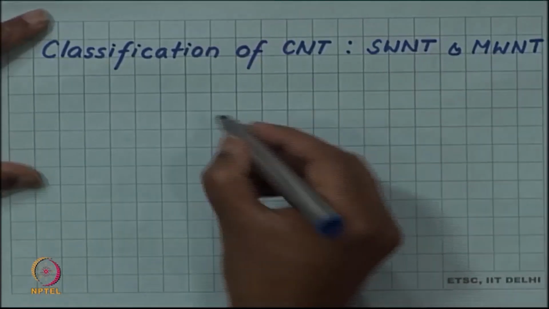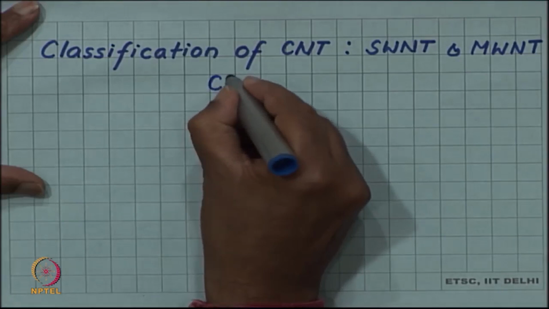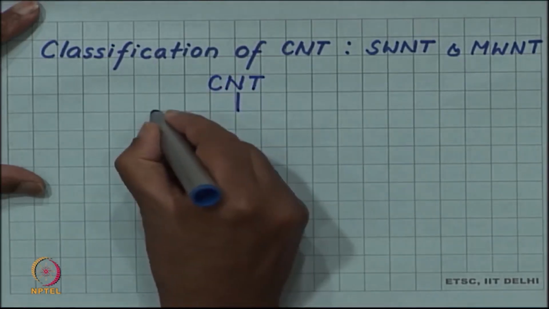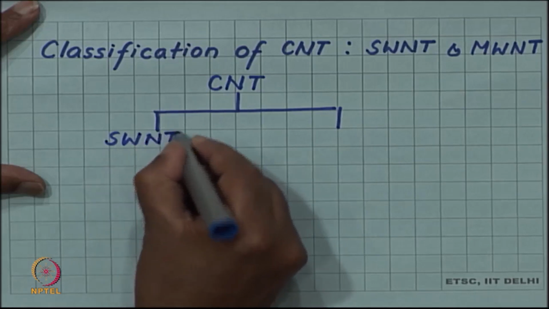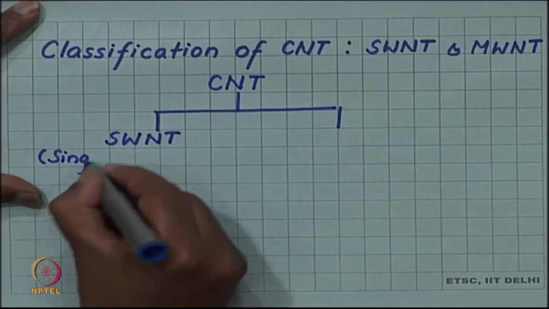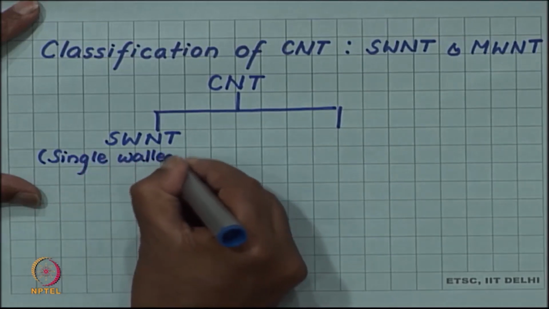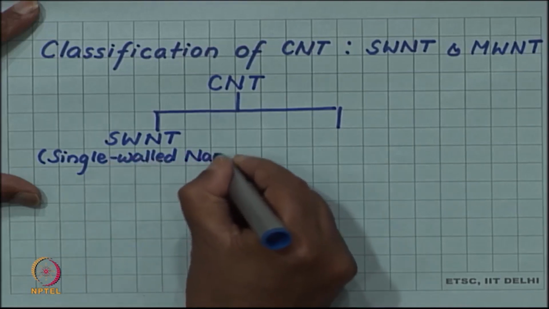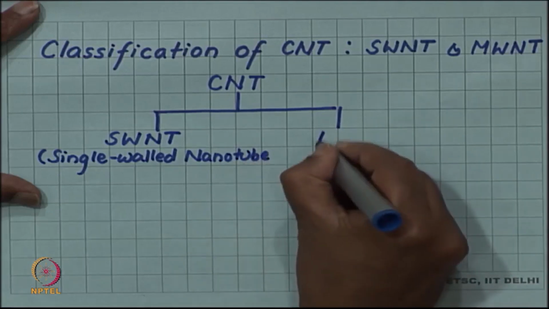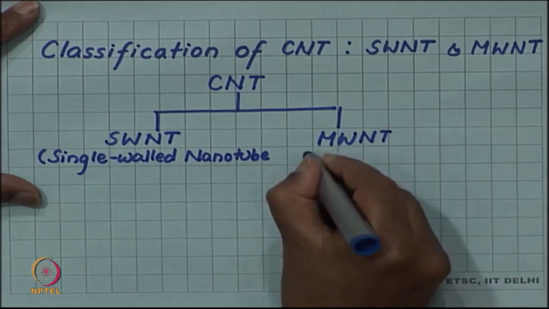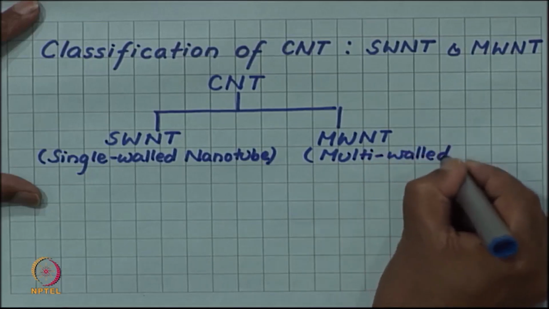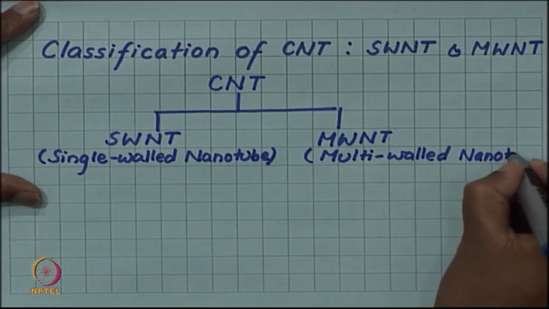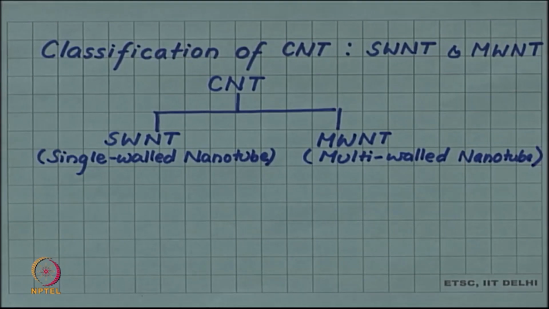One particular scheme of classification is the so called single walled nanotube, SWNT, or multi walled nanotube, MWNT. The name itself is self explanatory.